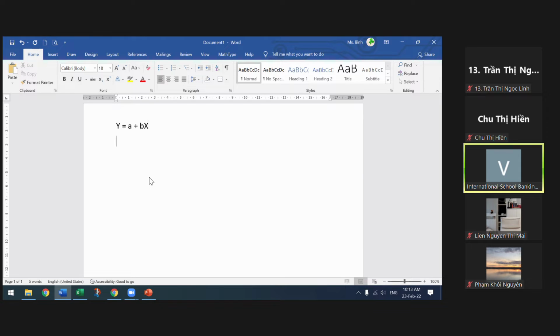But when we have this function here, and we have to graph it, we know that the graph must be curving, or it has a parabola shape, right?